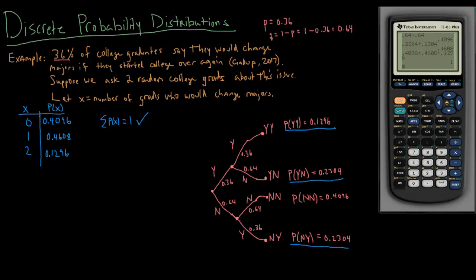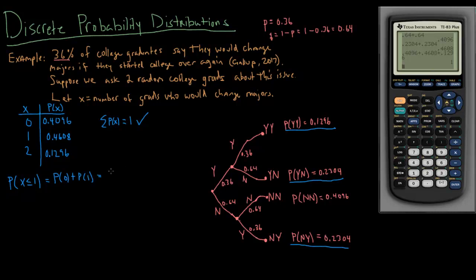Okay? So this here is our discrete distribution. And we can answer questions like, what's the probability of X being less than or equal to 1? That is, what's the probability that one or fewer of the two people you ask would say they want to change their major? Well, in discrete distributions, that's just the probability of 0 plus the probability of 1.